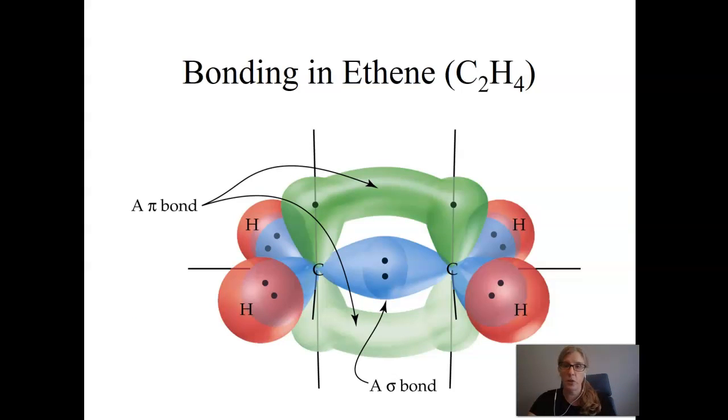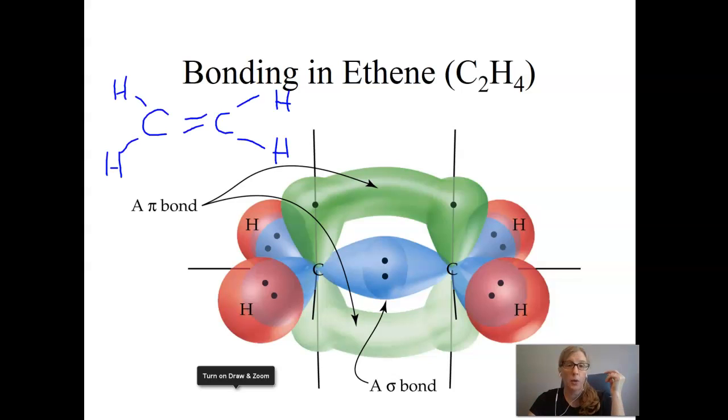So this image looks a little bit daunting at first, but let me break it down for you. The Lewis diagram of ethene, C2H4, would have a double bond between two carbon atoms, and then two hydrogen atoms also attached to each one of those carbons.